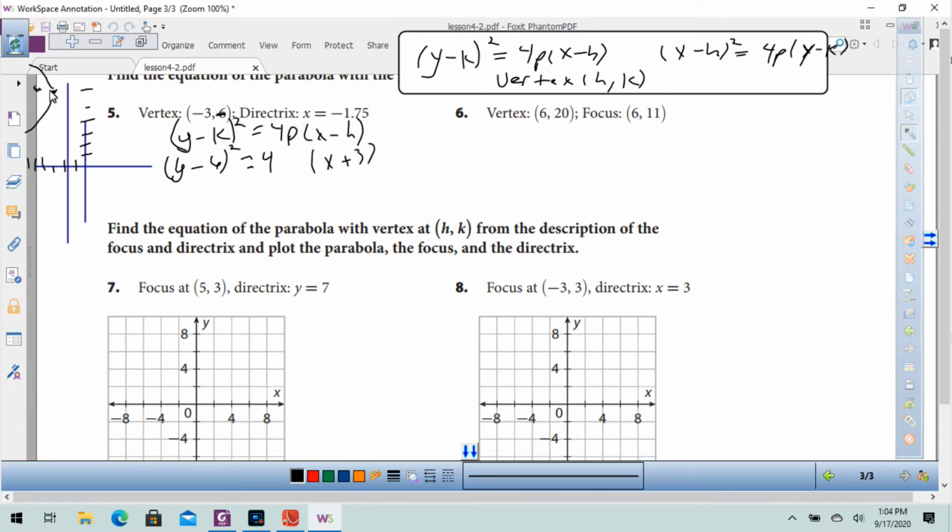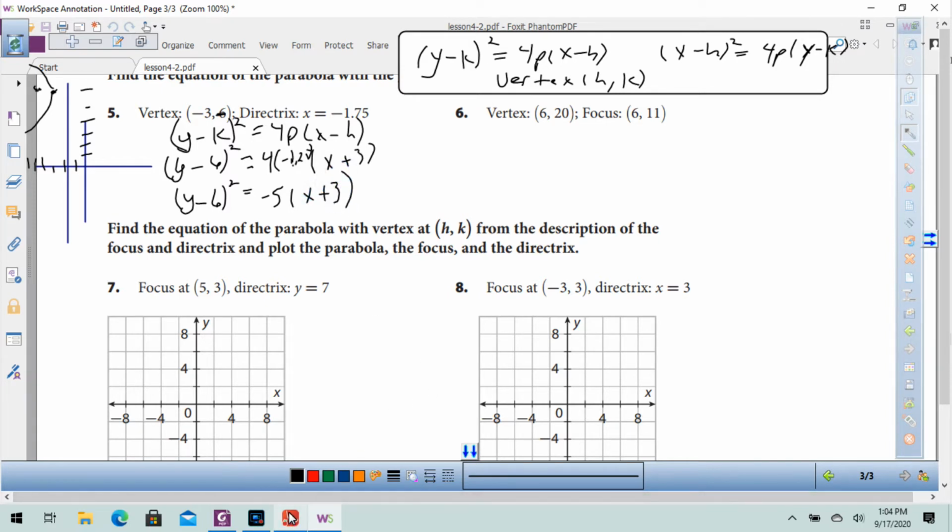Well, p is 1 1/4, so that's going to be negative 1.25. Didn't really leave myself enough room there, did I? So we're going to have y minus 6 squared equals negative 5 times x plus 3.